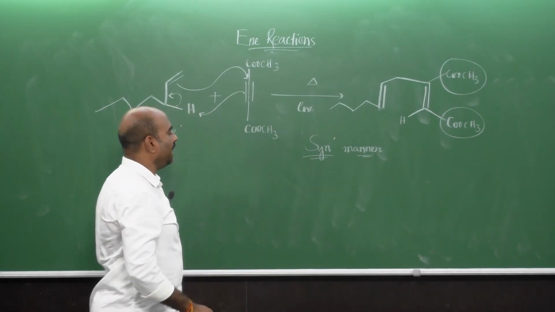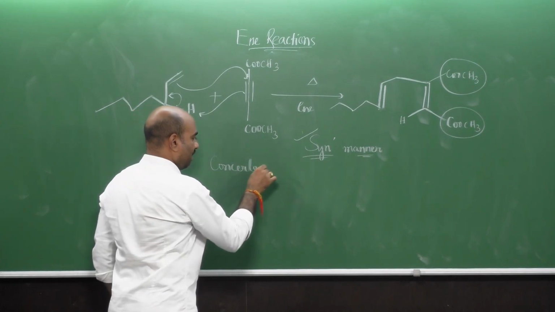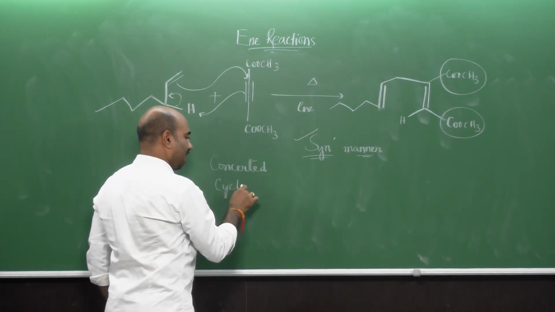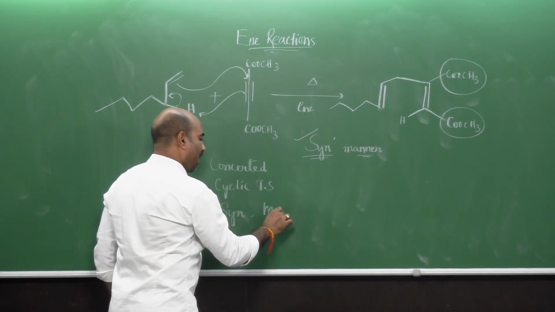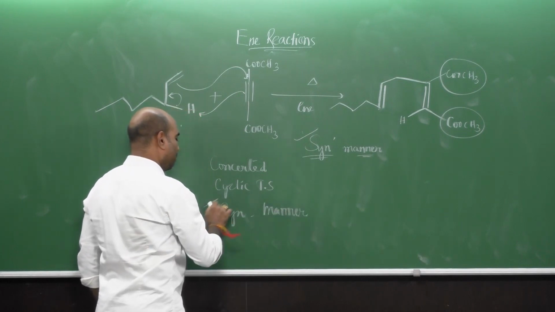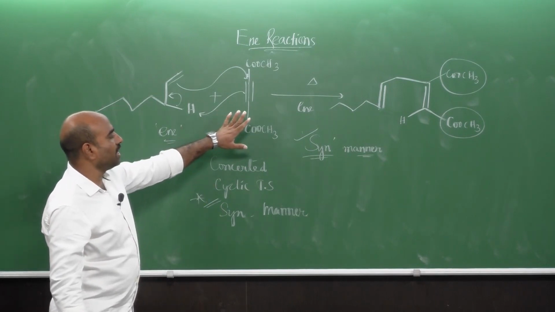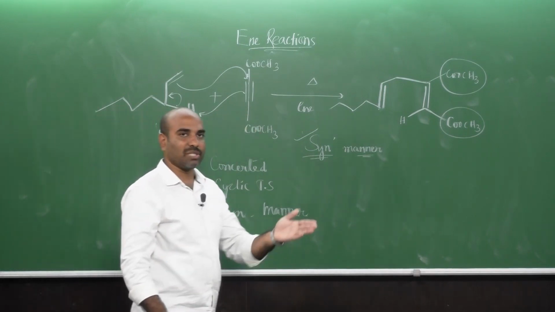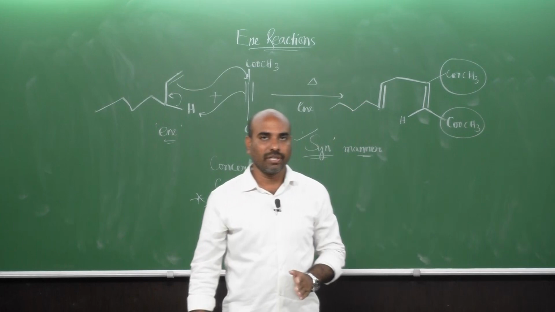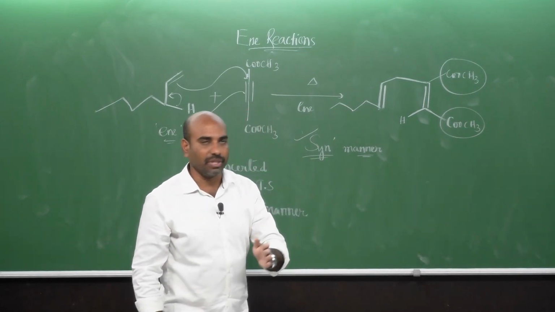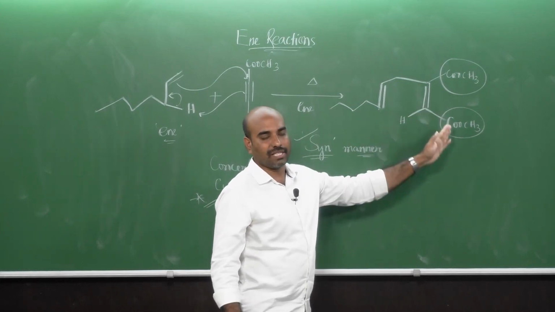So, an ene reaction will always happen in a concerted manner with a cyclic transition state and also in syn manner. So, this thing you should always remember. So, all the ene reactions will proceed in a syn manner. So, that is, the transfer of hydrogen as well as the formation of the new sigma bond will happen in the same phase. Okay. Whatever the groups attached to the enophile will be seen after the reaction in the same phase.